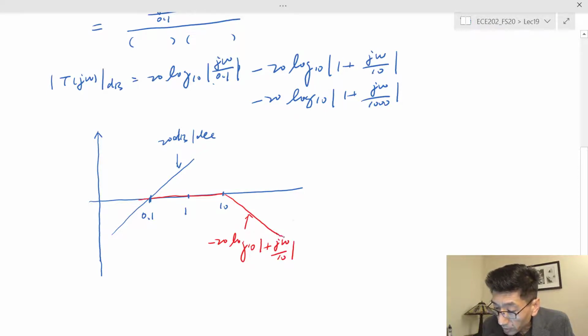All these slopes are either positive or negative 20 dB per decade.